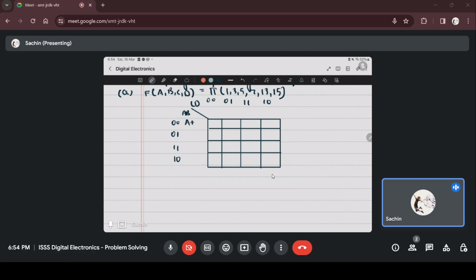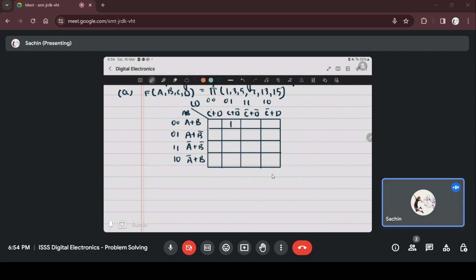So it's A plus B, A plus B prime, A prime plus B prime, A prime plus B, and C plus D, C plus D bar, C bar plus D bar, and C bar plus D. So you have to fill zeros in the positions 1, 3, 5, 7, 13, 15.